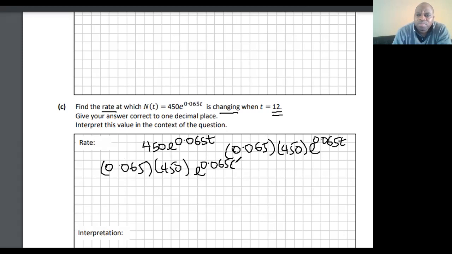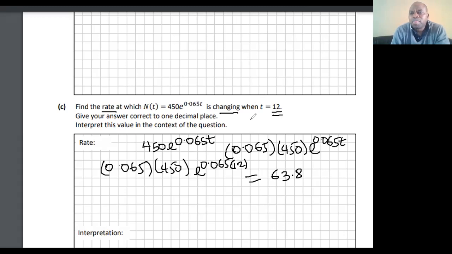This time around, your t is 12. So put this in your calculator. Okay, I got 63.8, correct to one decimal place. What does this mean?